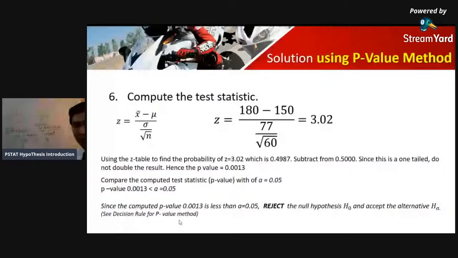So just try to analyze it. Decimals are quite important in solving, but first check the chances of getting a lower value or a greater value than your alpha. So that's your p-value method.